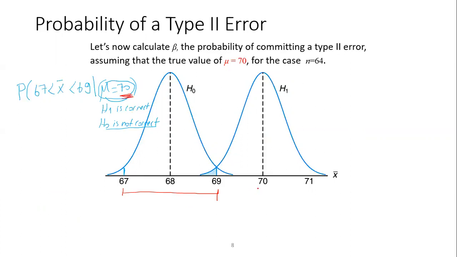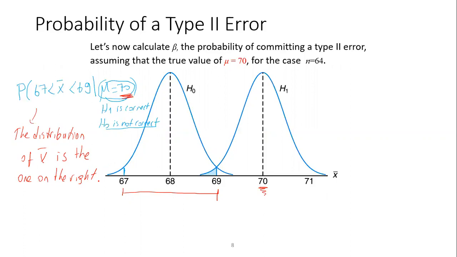Just look here, mu equal to 70 is here. So this says to calculate the probability using the distribution of x bar. The distribution of x bar is the one on the right.